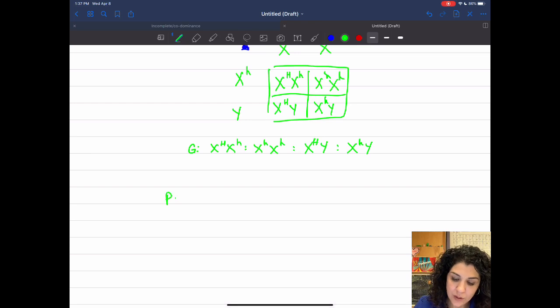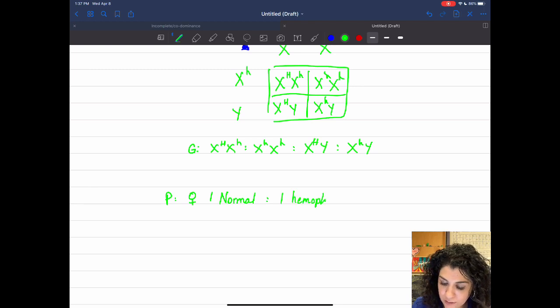Now when it comes to the phenotype, I can say females, 1 normal to 1 hemophiliac, or I can say 1 normal girl, 1 hemophiliac girl. Or I can just say for the males, I have 1 normal and 1 hemophiliac. Okay.